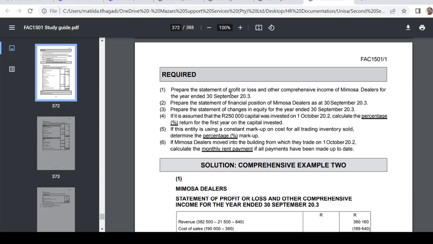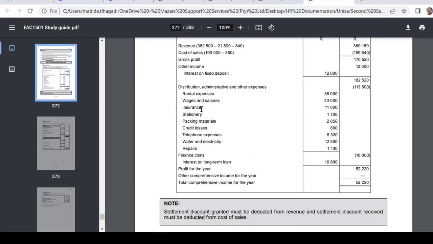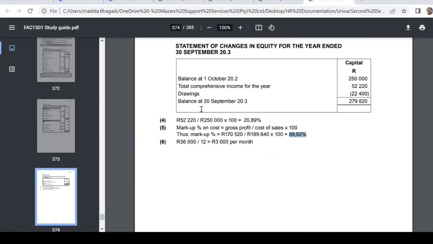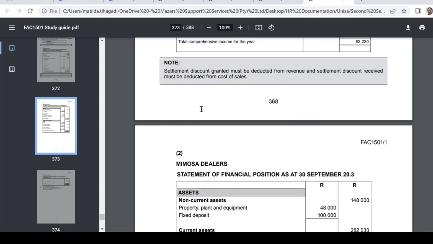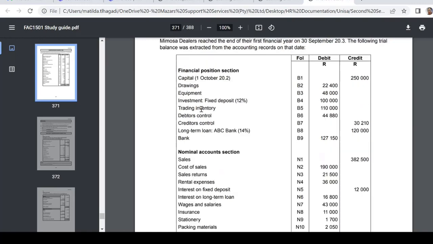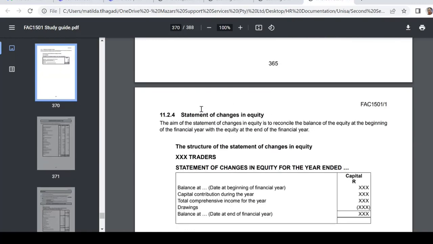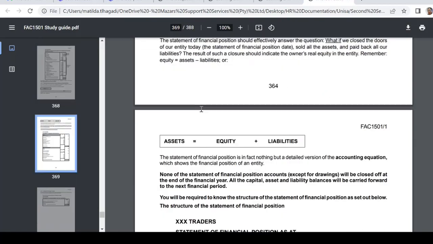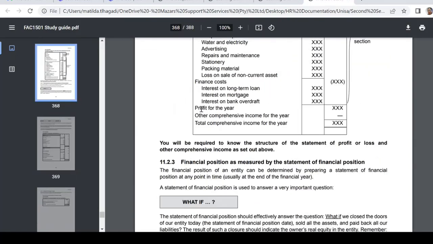if Mimosa dealers moved into the building from which they trade on the 1st of October, calculate the monthly rent payment if all payment has been made. So 36,000 divided by 12. Here they're asking how much is the monthly rental.